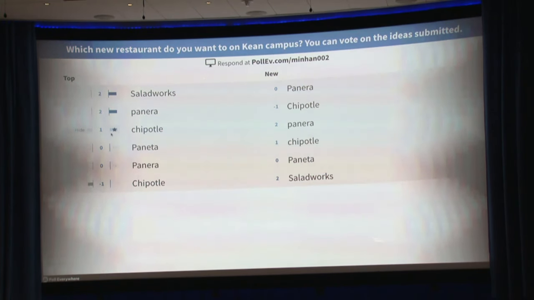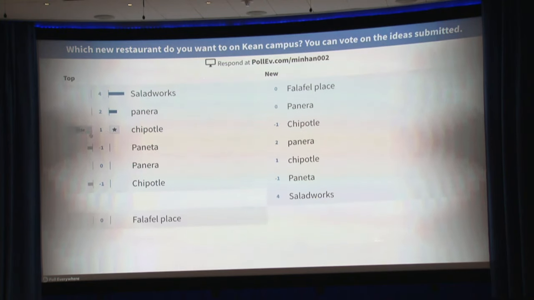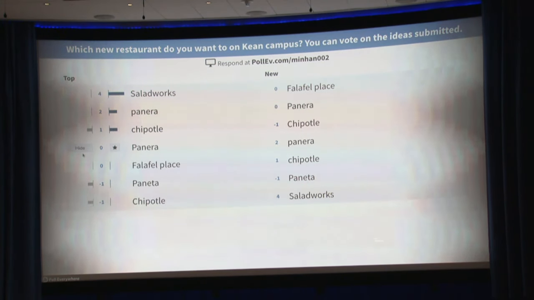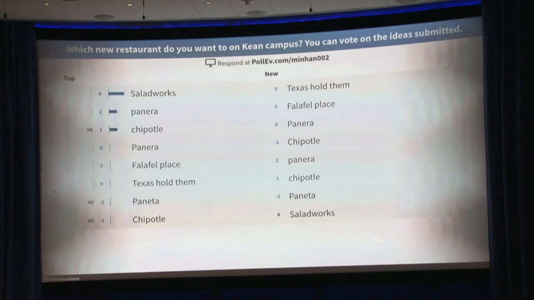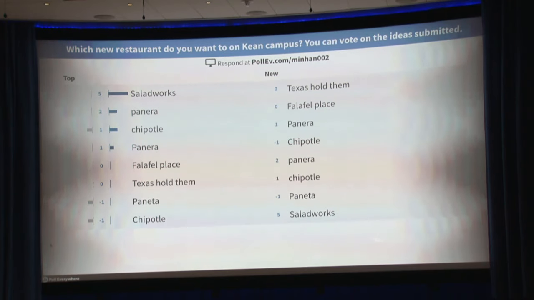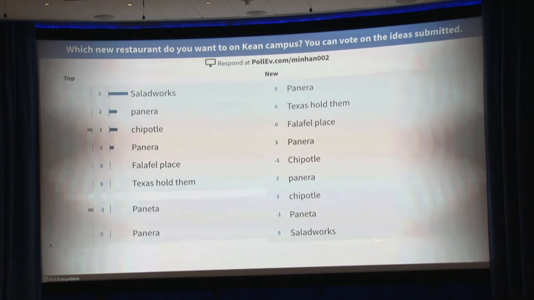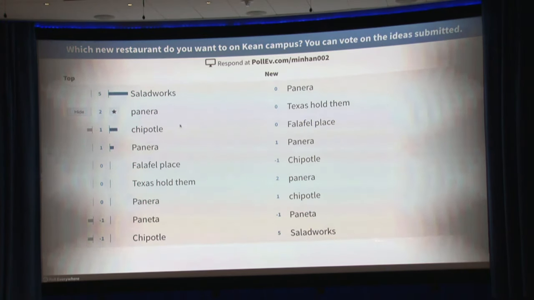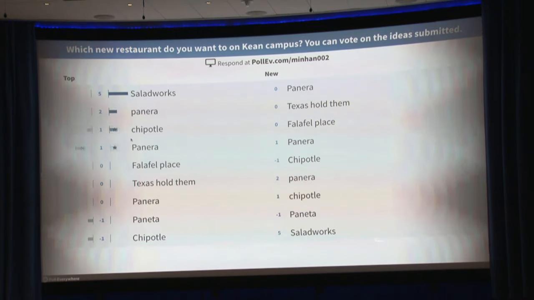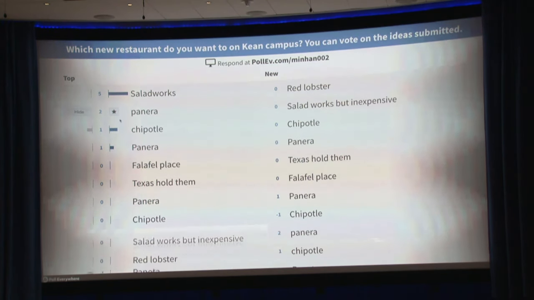So here you can see somebody likes Chipotle, but someone else is also not so much into Chipotle. So we have a lot of Salad Works. We have Panera, Chipotle. So if you have the same answer, Panera, then what you could do is just upvote for this one.